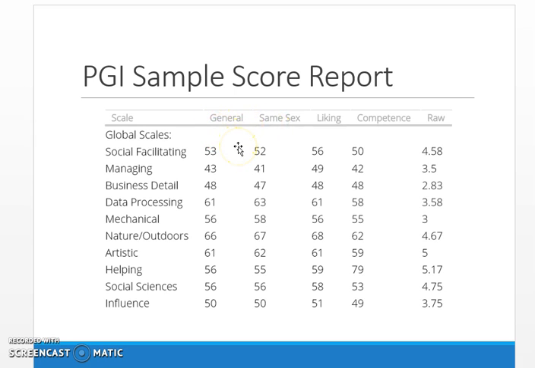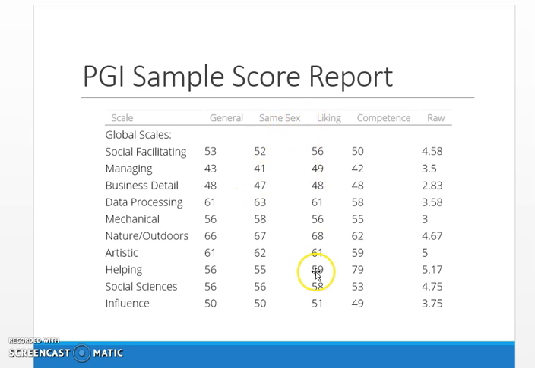Some might be slightly different. For example, if you go to data processing, I'm above average interested in that compared to the general population. And I'm still above average interest in that compared to other women, but maybe a little bit more. But not a ton.